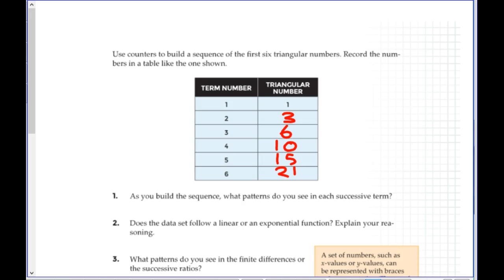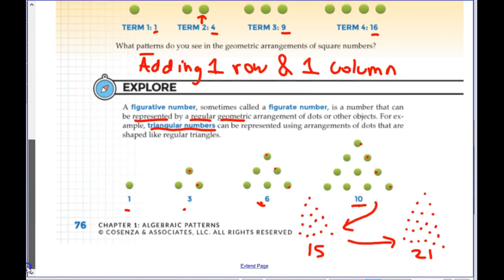So each term was adding another layer, okay? But was it adding the same number each time? It was adding 2, then it was adding 3. So it's increasing by a number, but it keeps increasing and adding 1. Does that make sense? So it's not increasing by the same number, it's increasing by a number plus 1, right?